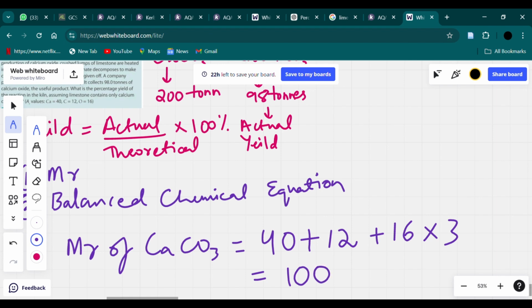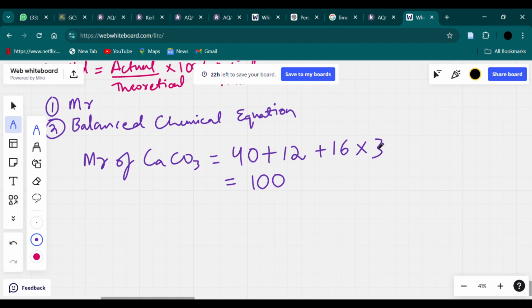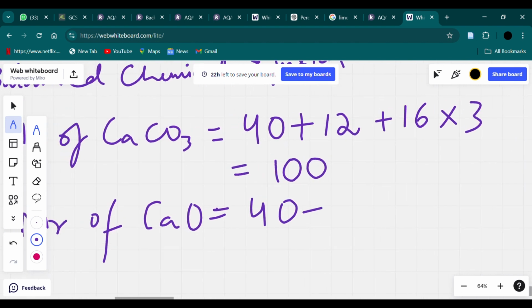Now you will find the formula mass of calcium oxide. The relative atomic mass of calcium is 40 and the relative atomic mass of oxygen is 16, so you will get the answer, that is 56.